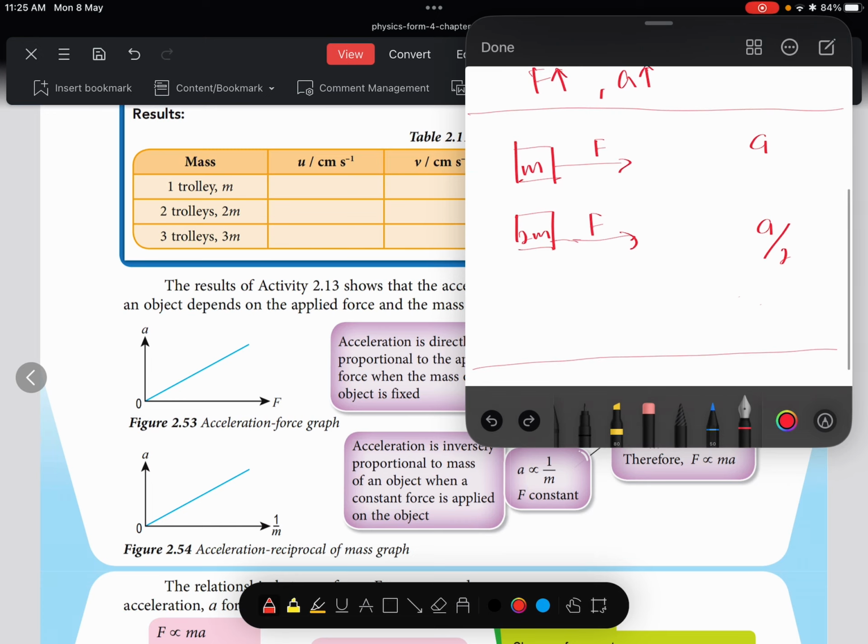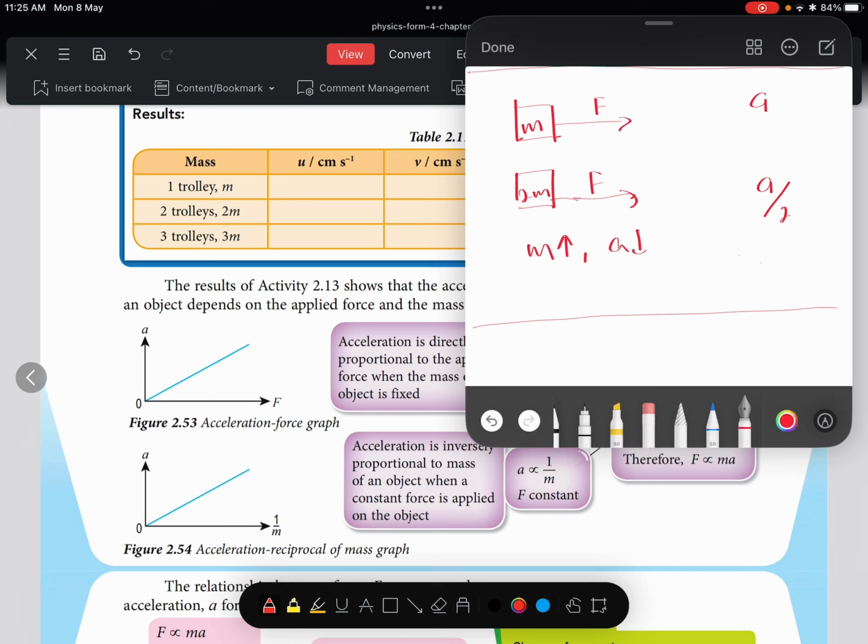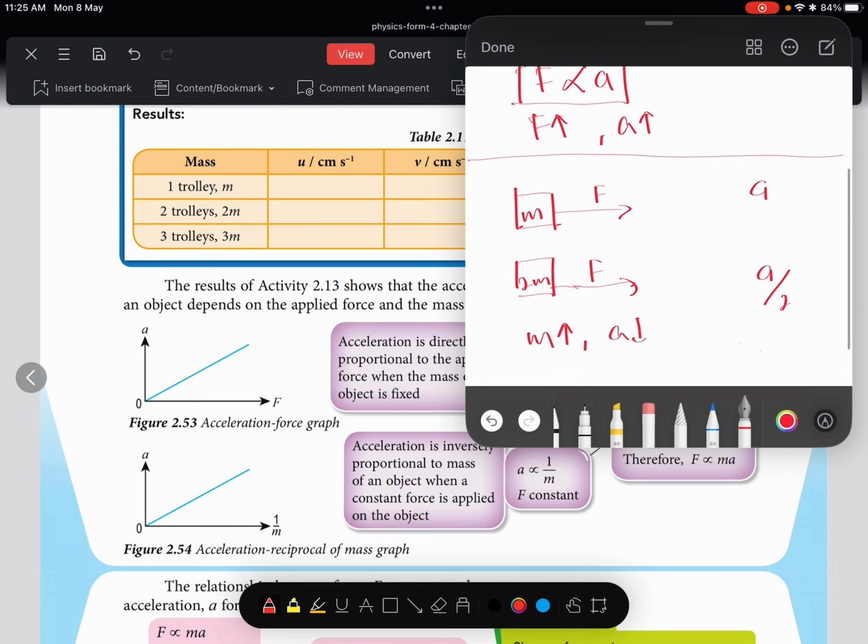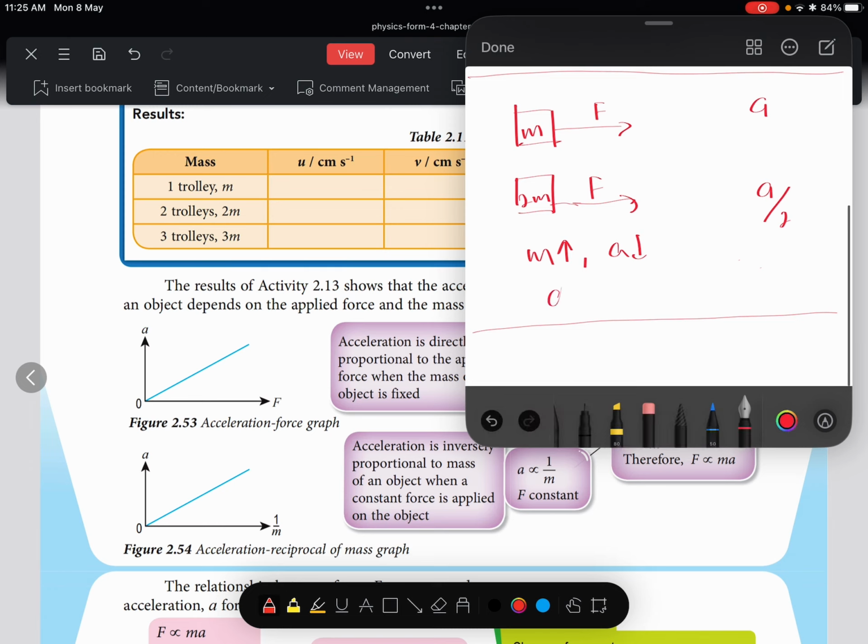So when the mass is higher, the acceleration will be lower. Or you can write the relationship: acceleration is inversely proportional to m.